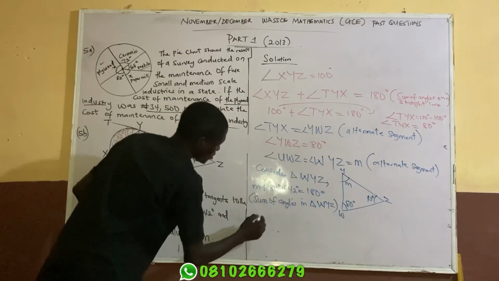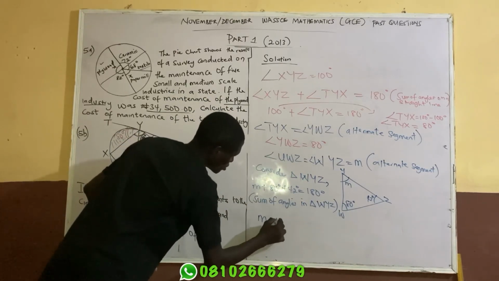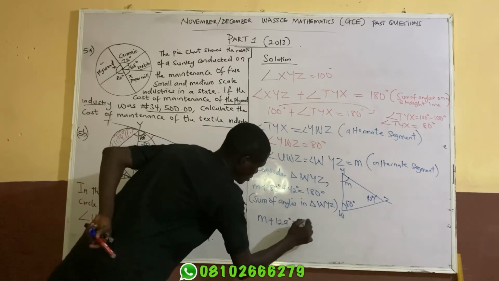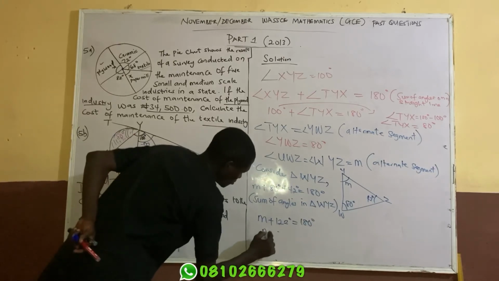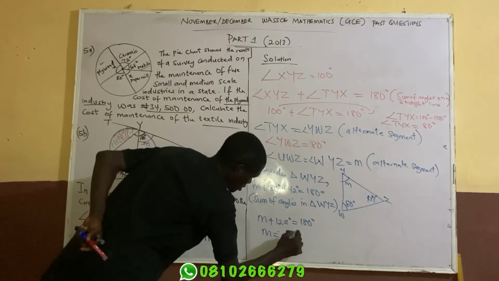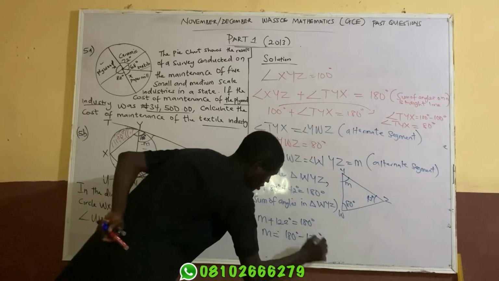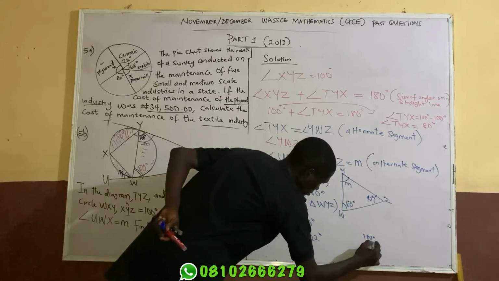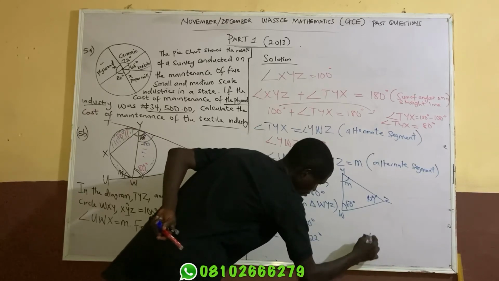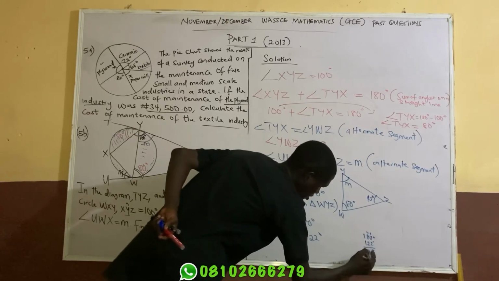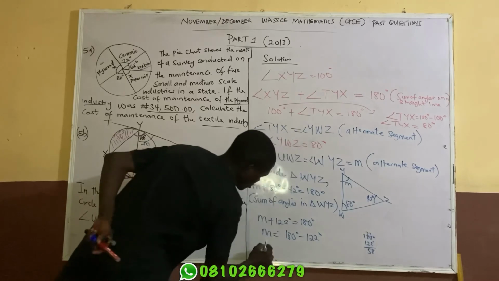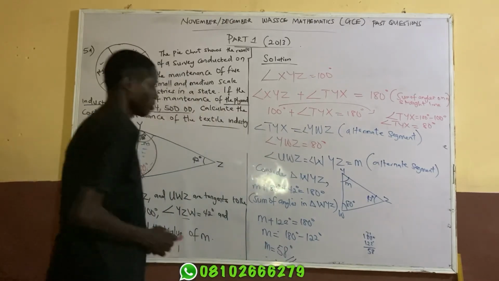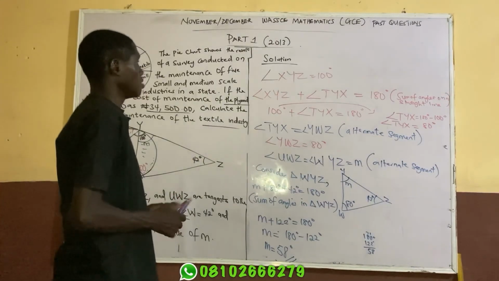So when we add this together, M plus 122 degrees is equal to 180 degrees. So we have M equal to 180 degrees minus 122 degrees, that is 58. So M is equal to 58 degrees. So that's that.